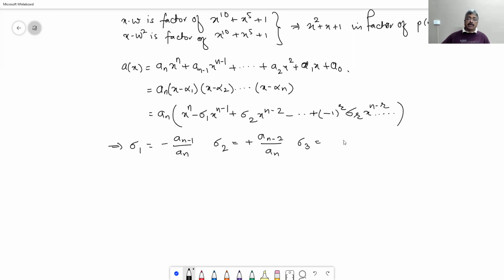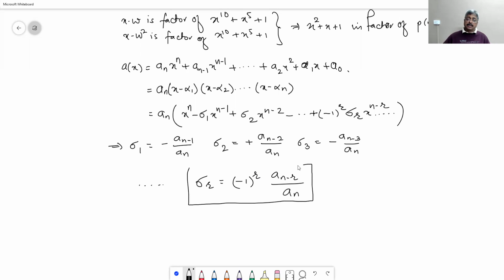Sigma 3 is equal to minus an minus 3 upon an. Dot dot dot. Therefore, sigma r is equal to minus 1 raised to r, an minus r upon an. This is the thing that we had developed.